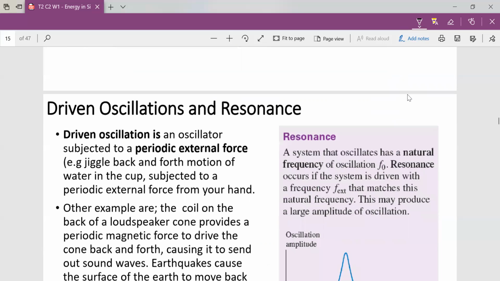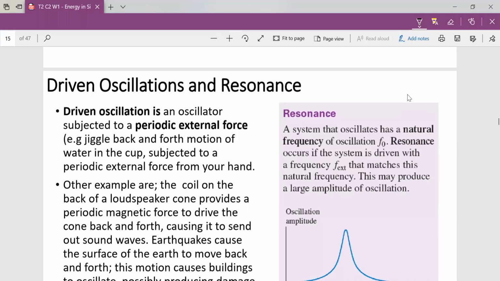All right, so let's look at the concluding part of our lecture for today, which is driven oscillation and resonance. Now, we already know what oscillation is. We always remember this, the back and forth motion, and then we have additional descriptions to it. But when it comes to driven oscillation, we're actually referring to an oscillation with an external force induced to bring about that motion.